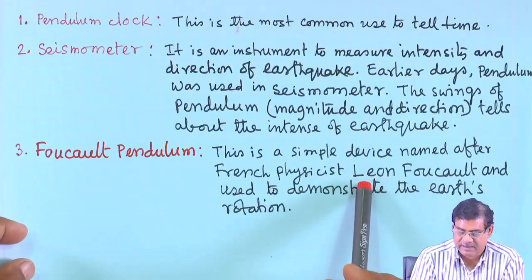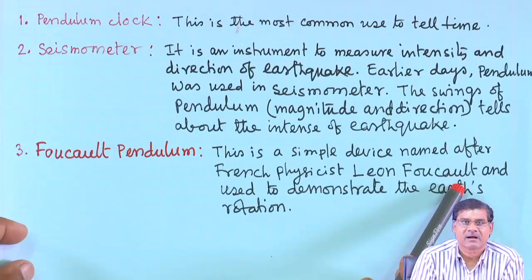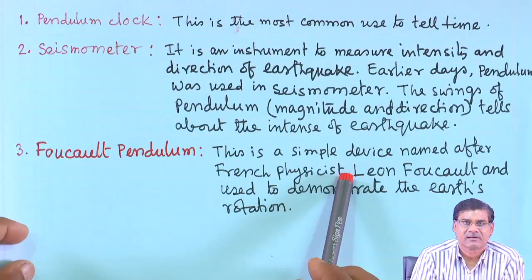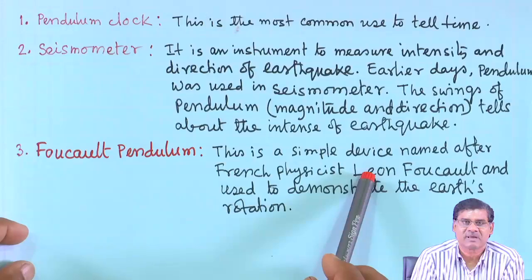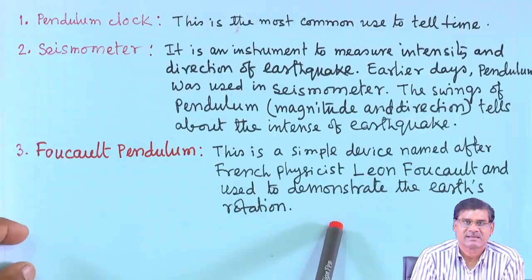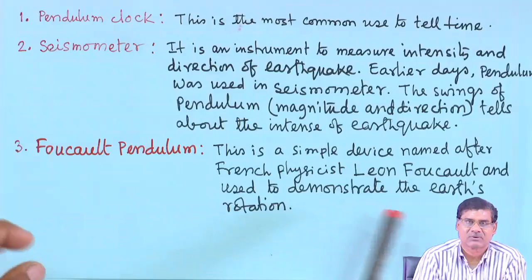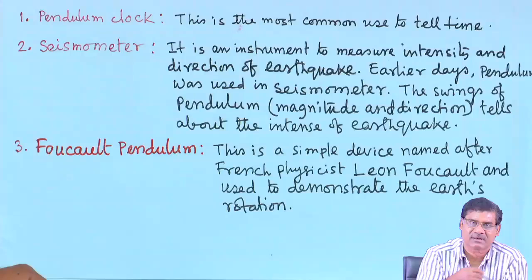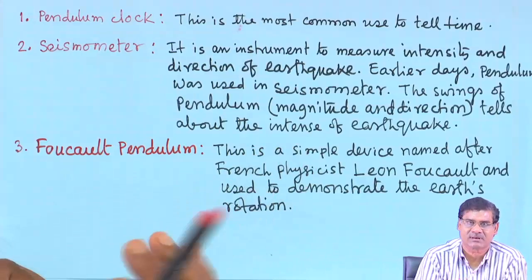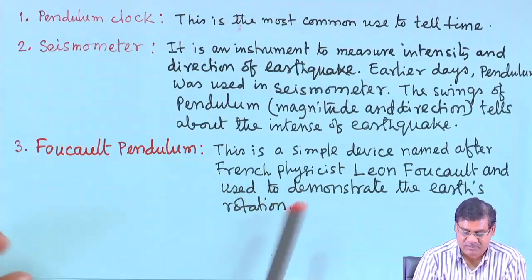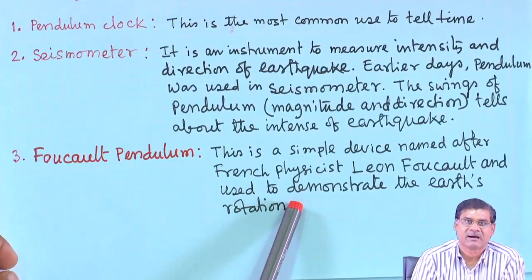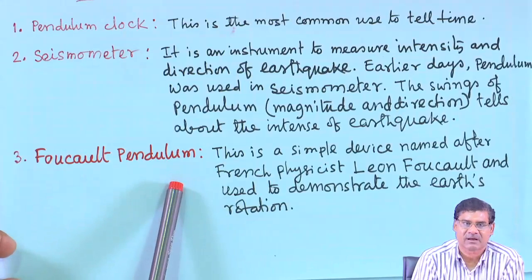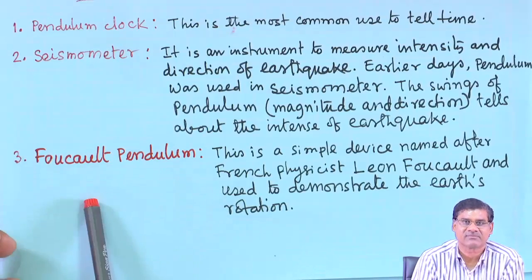Foucault demonstrated that this pendulum can be used to show the earth's rotation. There are two motions of the earth, one is orbital motion and another is the spinning motion. The pendulum was used to sense the spinning motion of the earth, and that is basically called the Foucault pendulum.